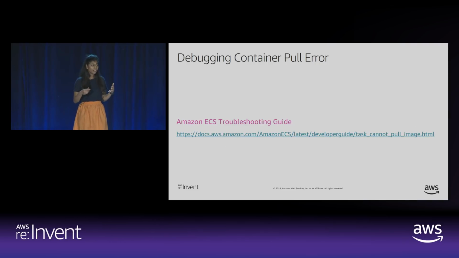So we have more situations why your container pull might not succeed. They could be because of permission issues, or you might be using a custom DNS server with some stale records. So we have enumerated some common errors that you can always look into our troubleshooting guide for reference and solutions and how to solve them.